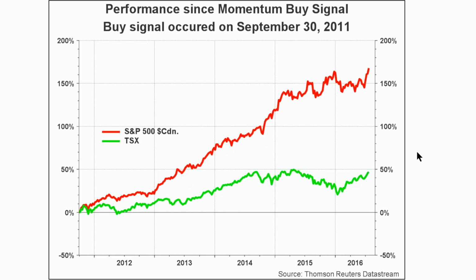Now, another thing to think about as far as momentum trading versus other styles of investing is that most advisors are using a style where you construct a portfolio with a block of money in certain areas. For instance, they might say have 60% in the US market and 30% in the Canadian market.